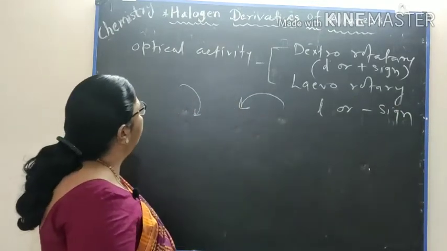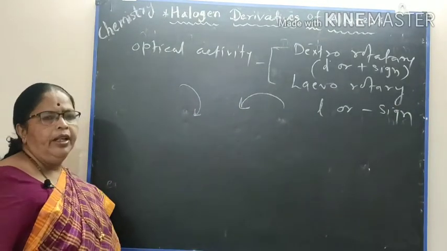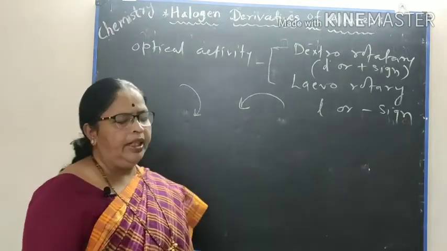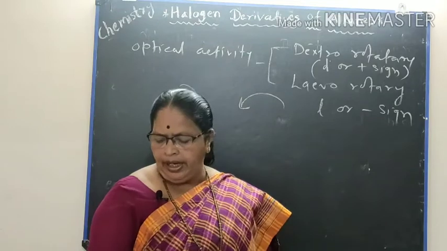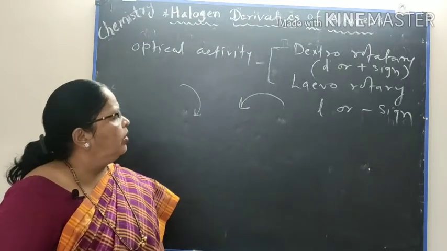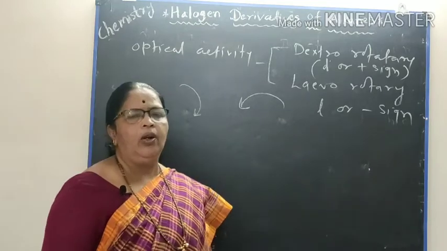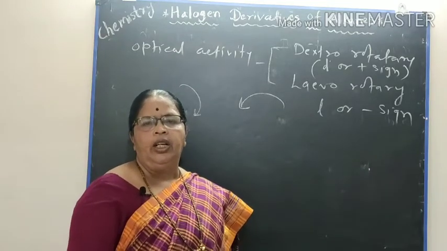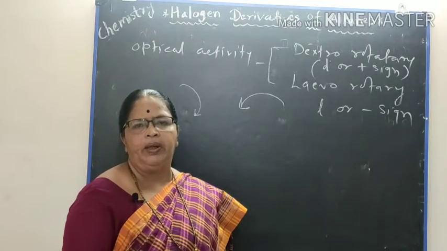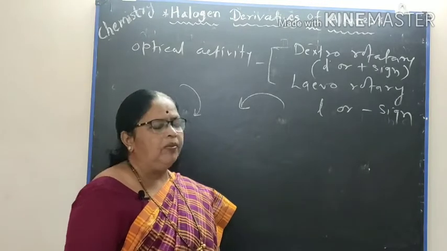Once again, optical activity is of two types, dextrorotatory and levorotatory. Dextrorotatory compounds are those in which plane polarized light rotates towards the clockwise direction, denoted by the plus sign or small d.